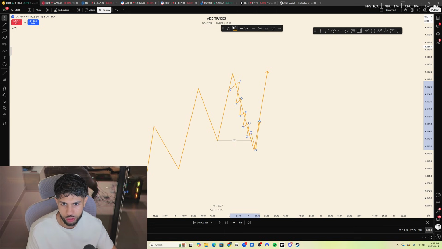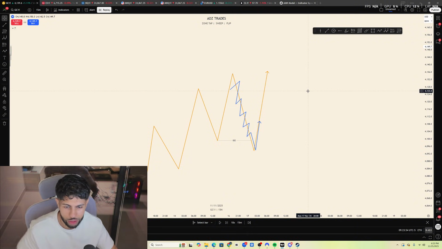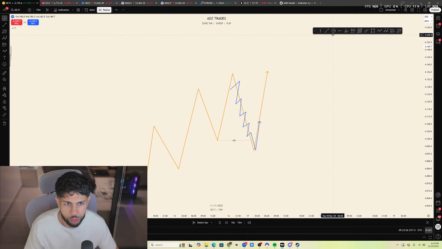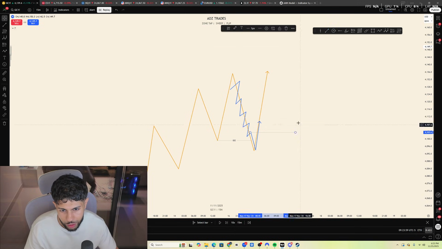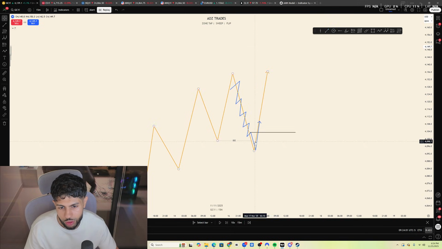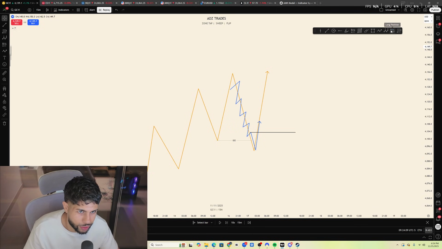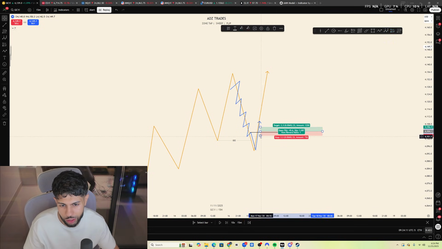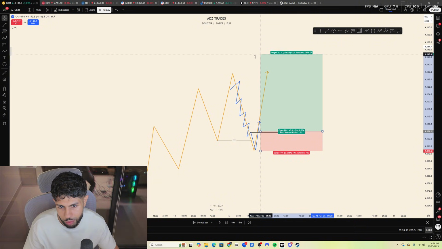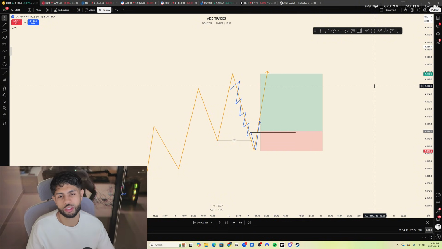So if we sweep this low, and this blue being internal structure, and then boom, get that small internal shift, from lower highs, lower lows, lower highs, lower lows during this expansion phase lower, to now sweep and then immediate internal shift higher. Again, this is a more probable scenario that this is going to be a liquidity sweep and price is going to stop them out and continue straight higher.